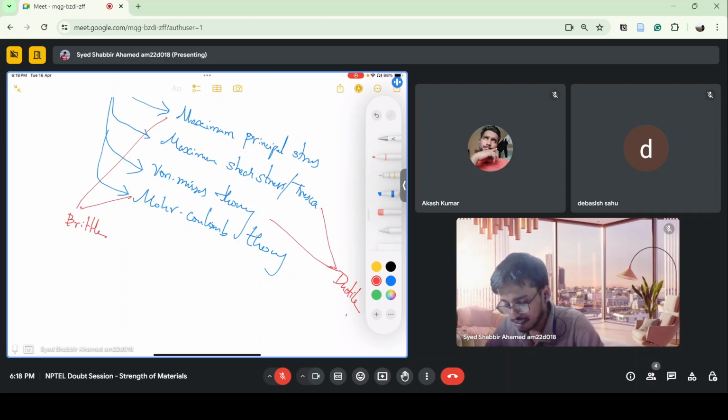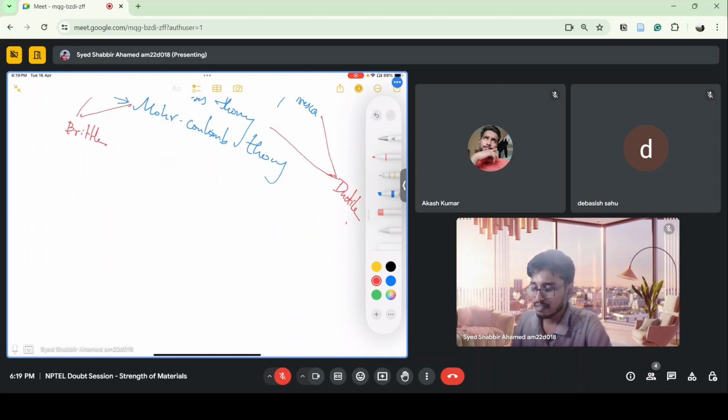Apart from this, there are some other theories also, like maximum strain energy theory, maximum octahedral shear stress theory, which is von Mises only, and maximum distortional strain energy theory.